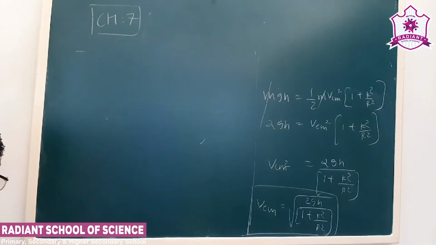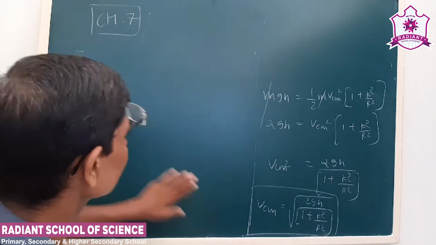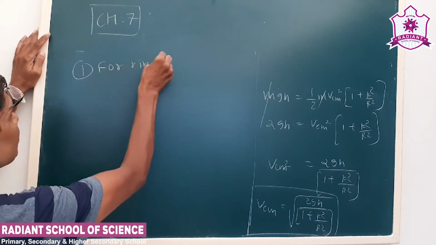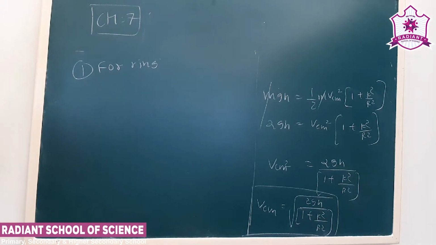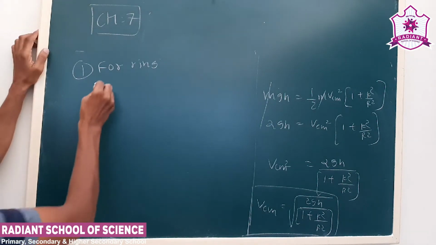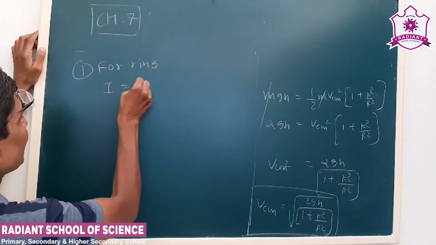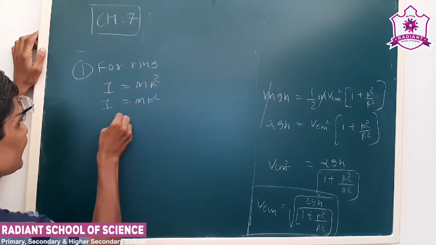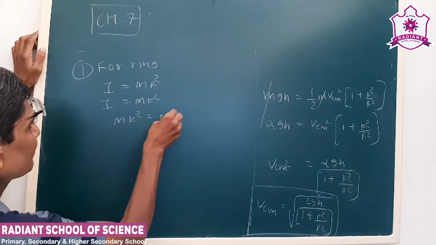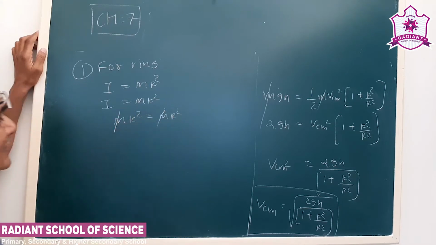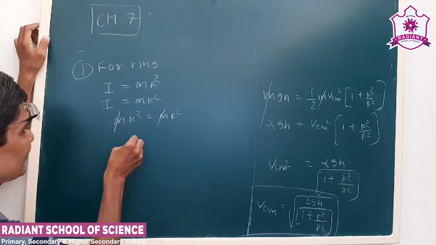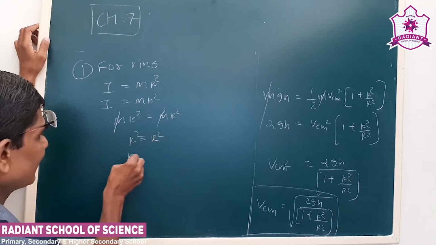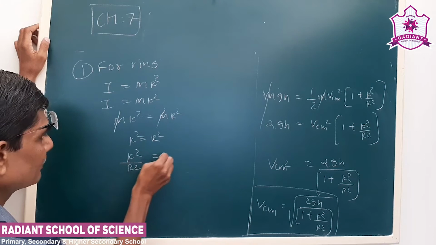First, for a ring. I is equal to mR square, and I is equal to mk square, so mk square is mR square. So k square is equal to R square, and we can say k square upon R square will be 1.